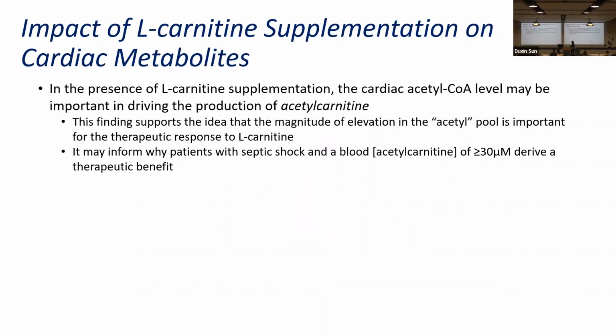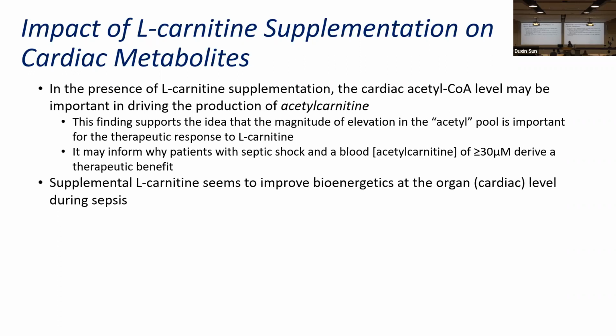But these data do suggest that in this excess L-carnitine environment, the acetyl-CoA level may be important in driving the production of acetylcarnitine. And it supports the idea that the magnitude of elevation of the acetyl pool may be important for eliciting a therapeutic response to L-carnitine. And this may explain why patients who have this high acetylcarnitine level may be responsive.